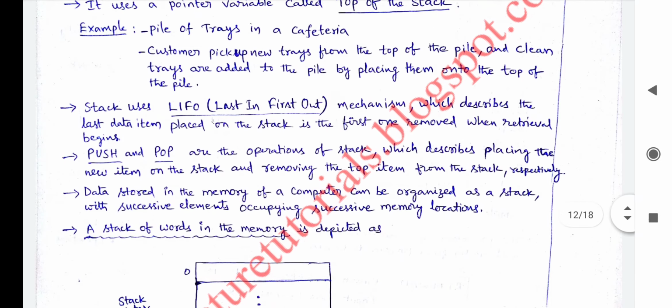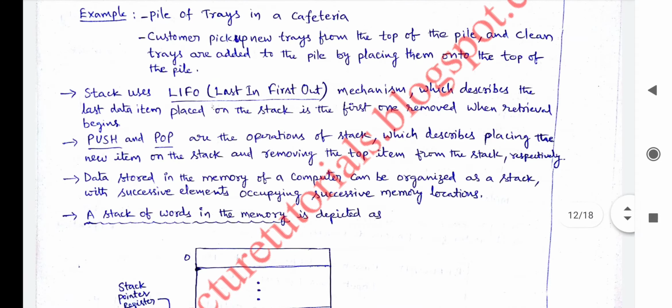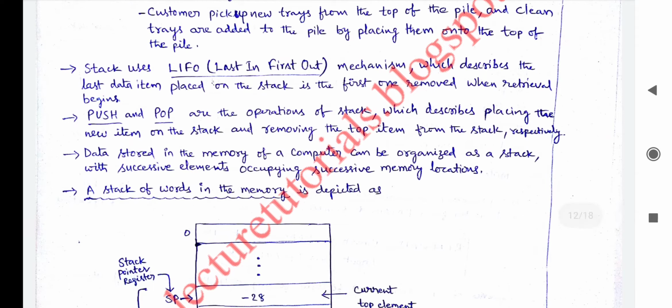Here we use two operations on a stack, called push and pop. Push is the operation used to insert an element into the stack, and pop is the operation used to delete or remove an element from the stack.